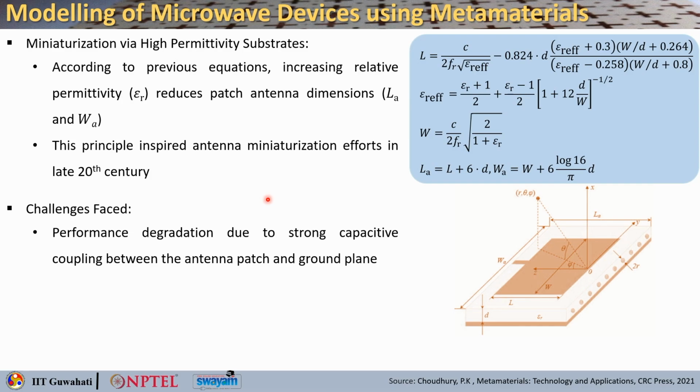So although miniaturization was achieved in this kind of studies, the performance of such antennas was considerably degraded, okay, and the reason is a strong capacitive coupling between the antenna patch and the ground plane. Okay. So you cannot ideally just keep on increasing the permittivity of the dielectric spacer in between, that will also bring in side effects like this.